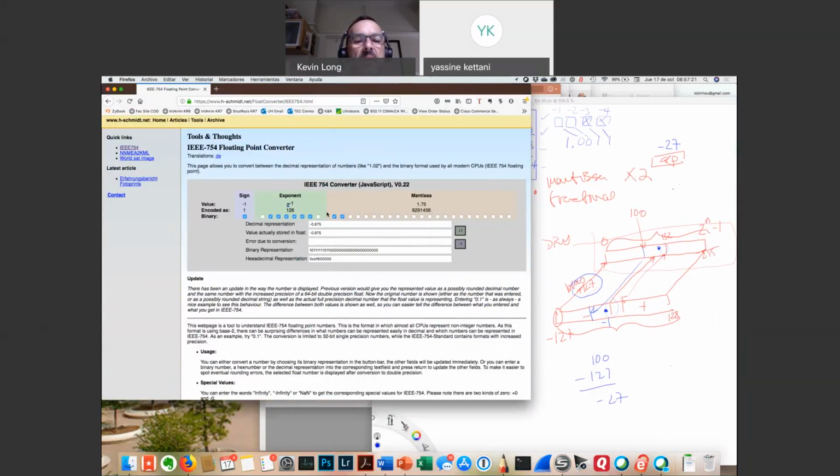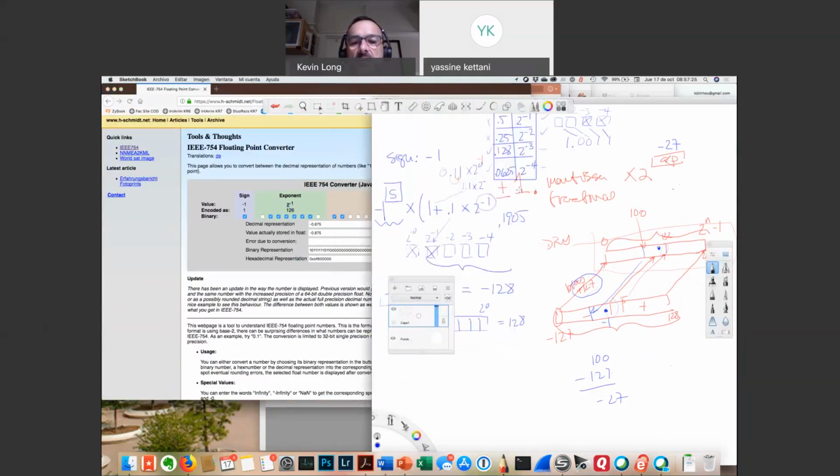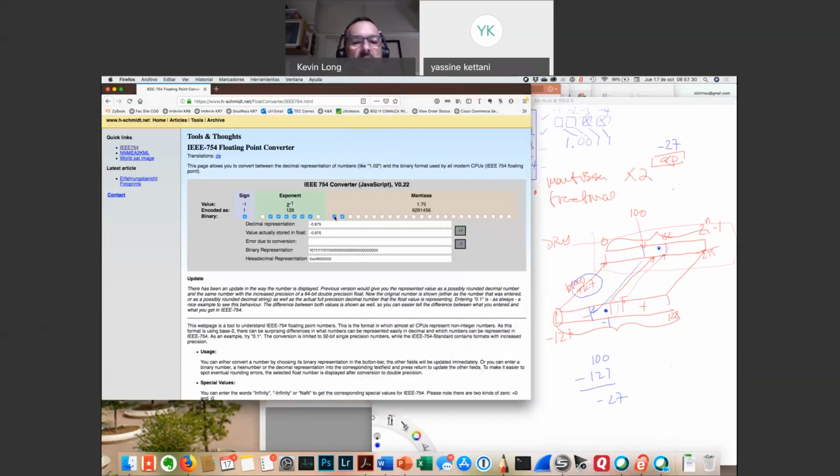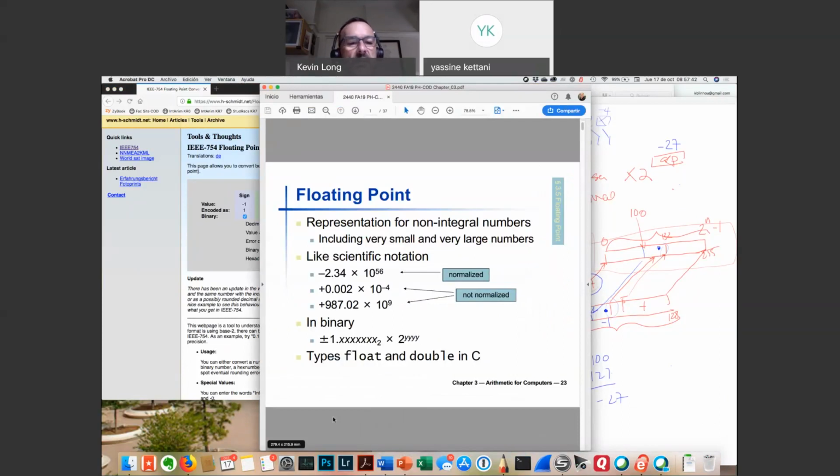The problem is I forgot about the implied one. Remember, the implied one over here doesn't actually go in the number. So shift all that to the left. The bit that's here will be imagined, and the bits that are here will be moved over one. So in other words, just unclick this. Finally, I have my number the way I'm supposed to do it.